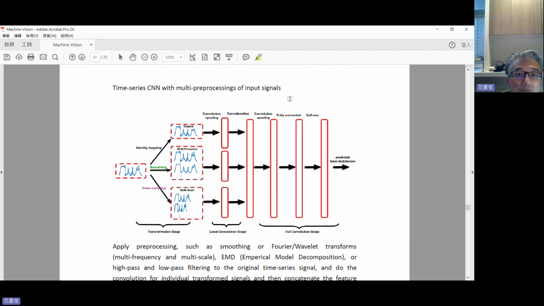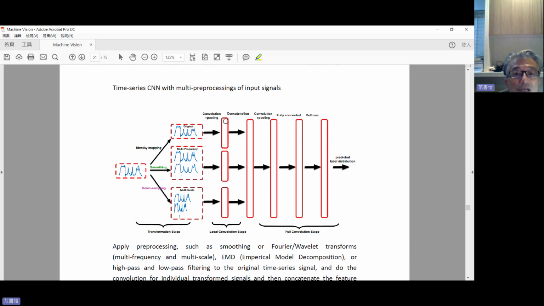The time series CNN for multi-preprocessing of the input signal can be original. For multi frequency, we can use ICA to differentiate. So different channels, high frequency, low frequency, do the smoothing, and this is downsampling, taking the average.